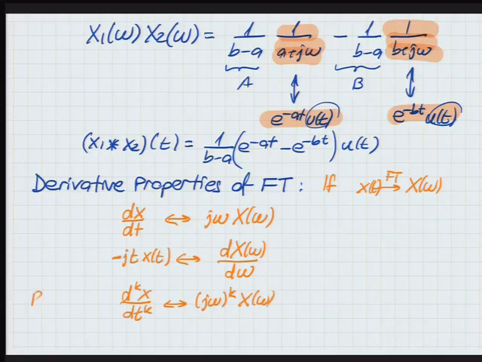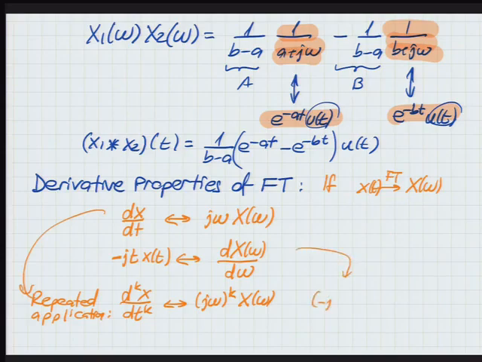So this is nothing but a repeated application of the same rule. Similarly, this will give me negative jt to the power k times x(t), whose Fourier transform is the kth derivative of the original Fourier transform. Okay.